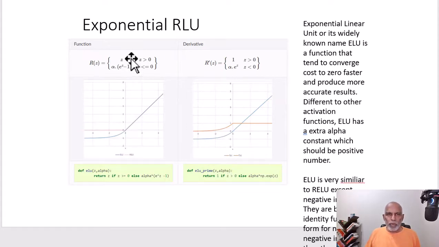For all the positive values z it takes the identity, the same value. For negative values it takes a small fraction, alpha times e power z minus 1. The derivative is 1 for all positive values, and for negative values it is alpha times e power z.